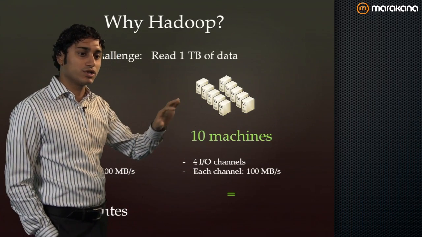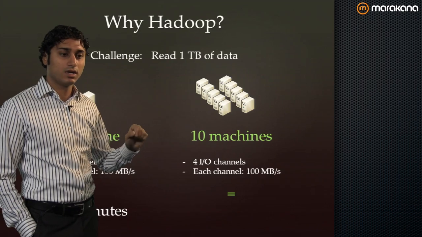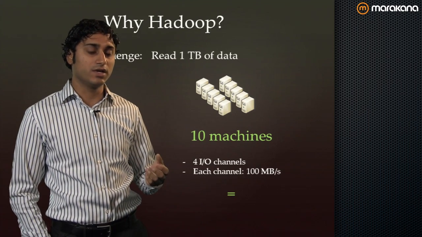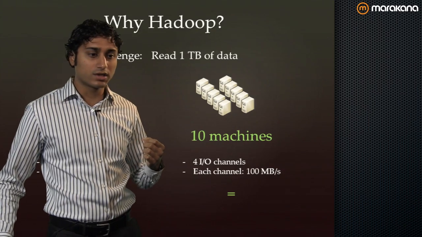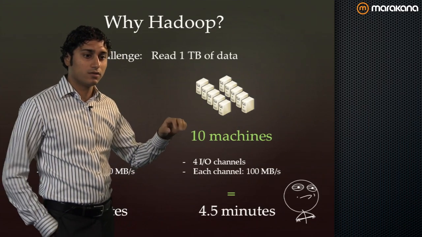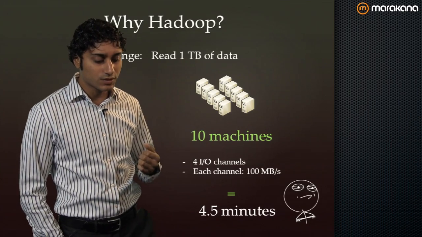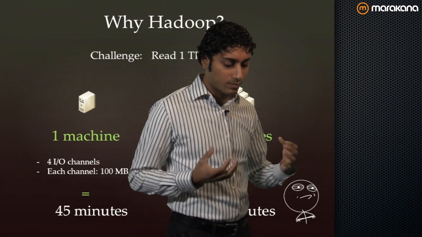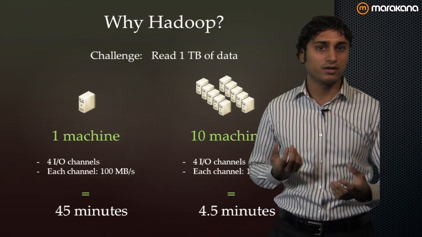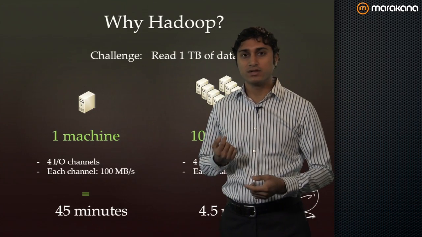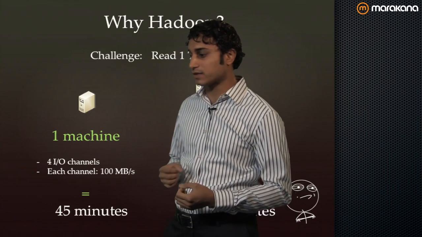So across the 10 machines, there are 40 hard drives, and each hard drive is now holding about 25 gigabytes of data. And to read 1 terabyte in parallel from the 10 machines, it would only take 4.5 minutes. So by harnessing the power of multiple machines together, you can achieve your reads or writes significantly faster.